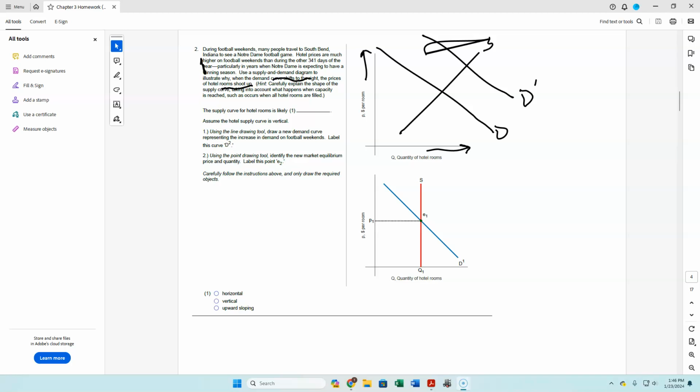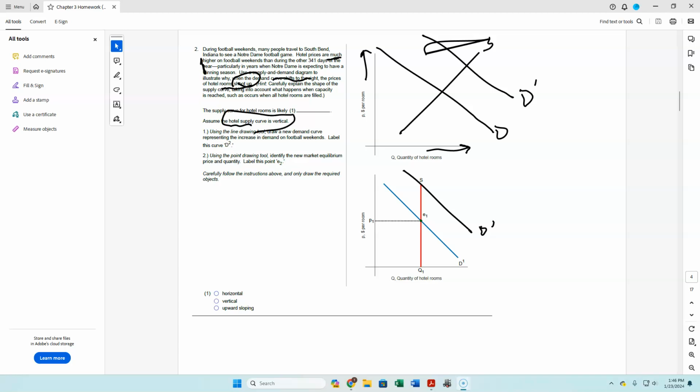But what we're told here are words like it's much higher. Hotel prices are shooting up, which means that we're seeing a much more dramatic change in the price than we would see, for instance, if we were just dealing with a vertical supply curve. Because then everything is all about price changes.